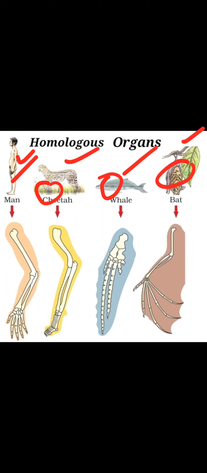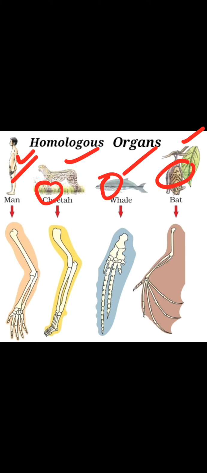Their environment is different, but their origin is the same. All four limbs of the cheetah, man, whale flippers, wings of the bat, they all are modifications of the four limbs. ये सब की सब modification of four limbs की. Must keep it in your mind. So such organs, such characters, such traits are what? आप कहते हो these are homologous because their origin is same, but their function is different.